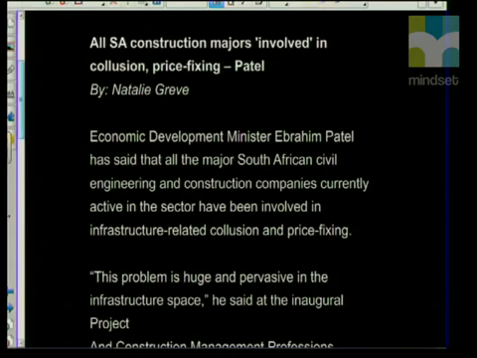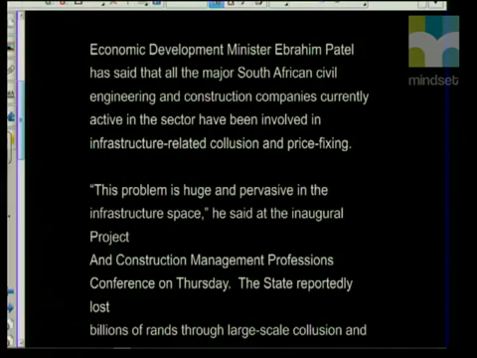I'm not going to read through the whole article, but I do want to stress that this relates to price fixing in a market where there's only a few major construction companies in the country. And according to Economic Development Minister Ibrahim Patel, major South African civil engineering and construction companies currently active in the sector have been involved in infrastructure-related collusion and price fixing.